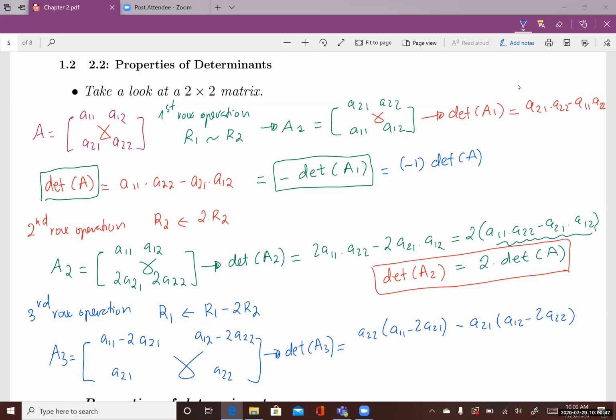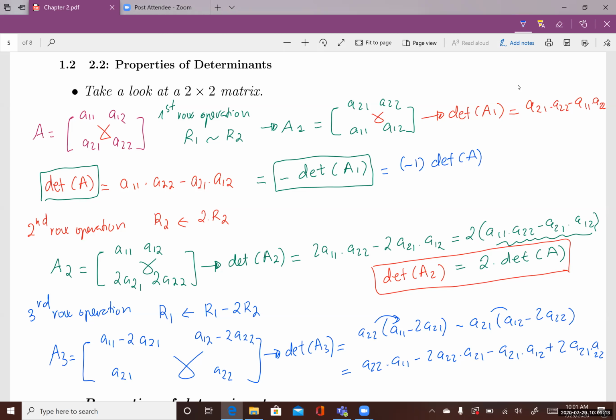And I will try to simplify it. So this is going to be A11 times A22 minus 2A22 times A21. This is going to be minus A21 times A12 plus 2A21 times A22.